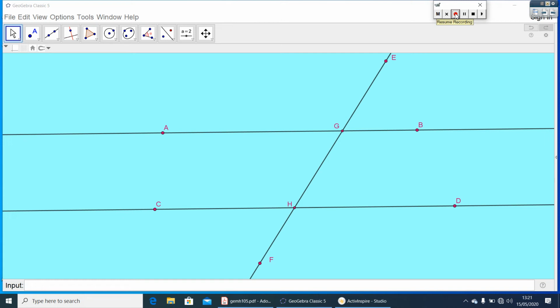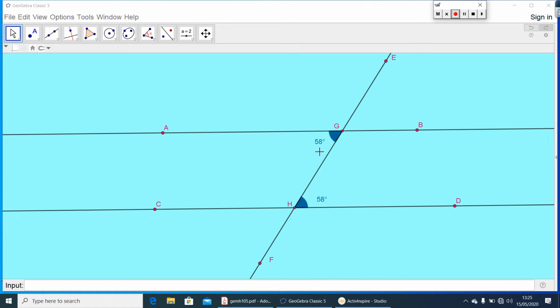Now let me take another pair of angles. Do you remember the name of this pair of angles? Yes, it is called alternate interior angles. Let me find out the measure of these angles.